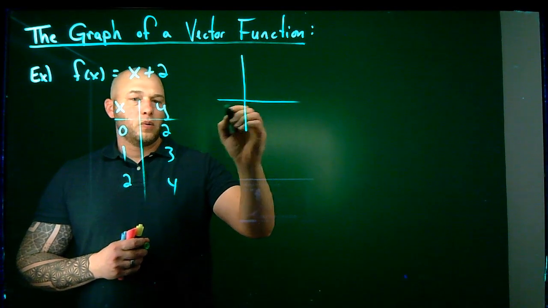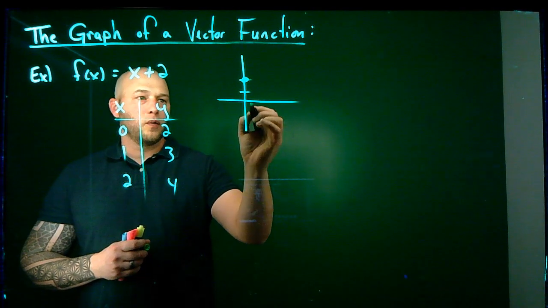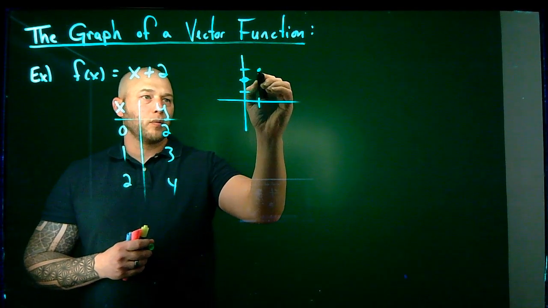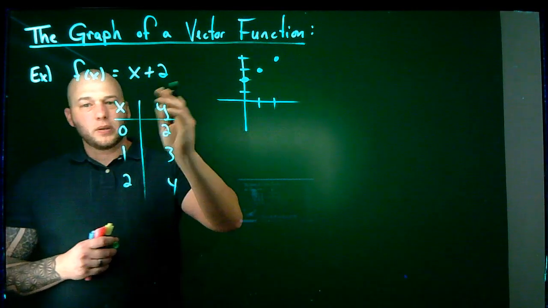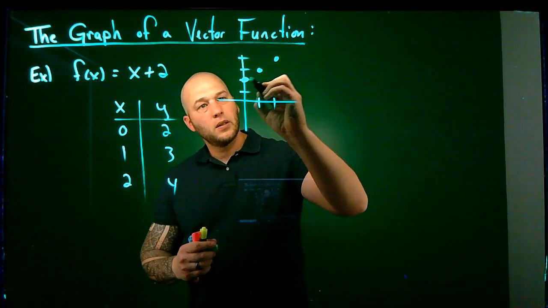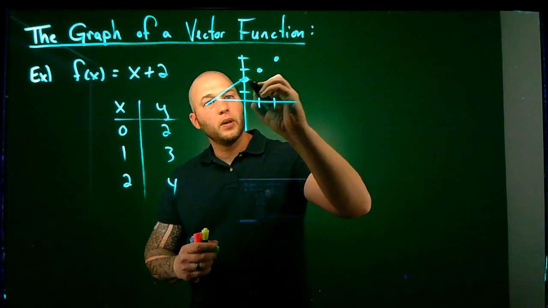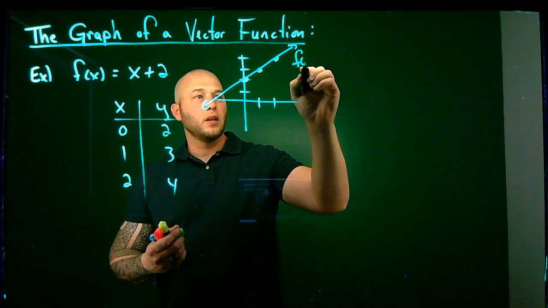If I go 0, plot the point 2. If I go over 1, I'm going to plot the point 3. If I go over 2, I'm going to plot the point 4. And of course, this is a line with y-intercept 2, slope 1. But the idea is that I plot all of the outputs and I come up with some sort of a pattern and I get the graph of the function.